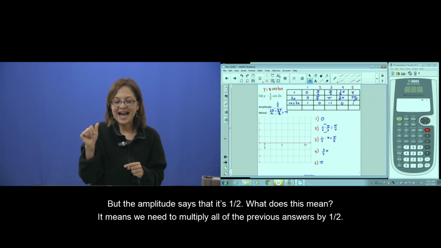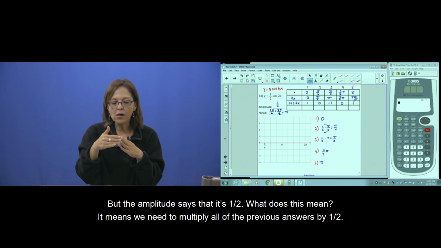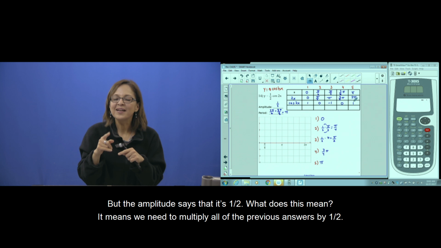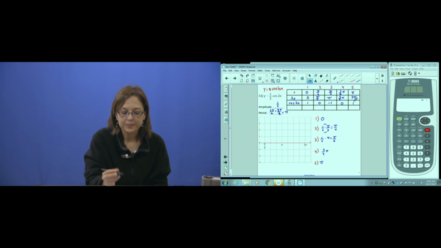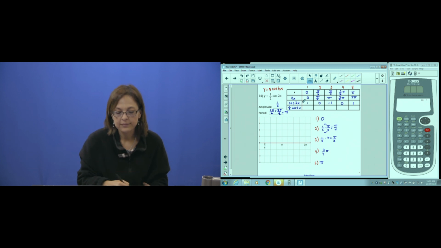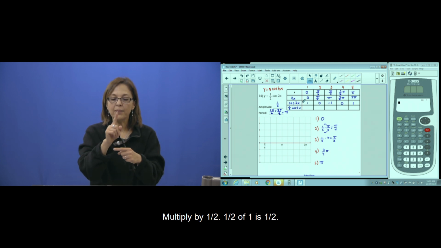But the amplitude set is 1/2. Means what? We have to multiply the whole previous answers times 1/2. Then multiply by 1/2.